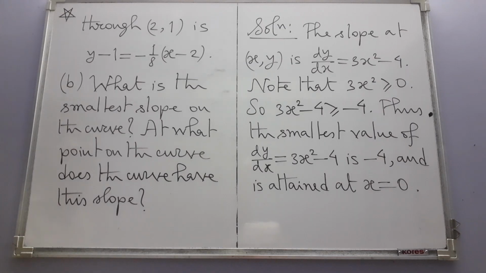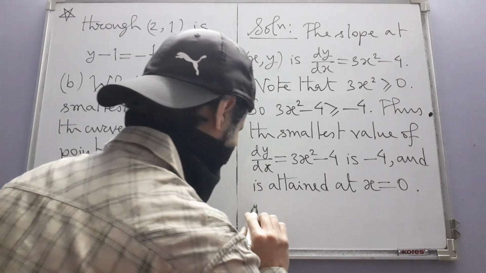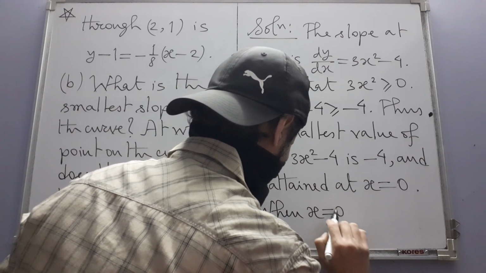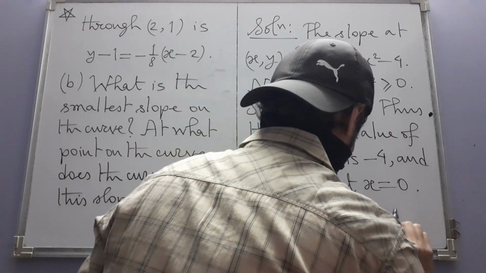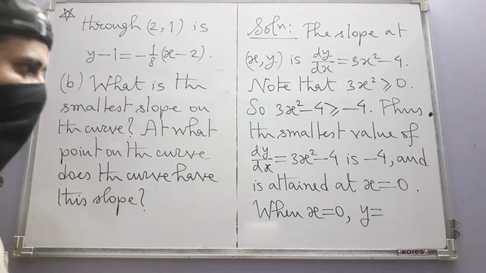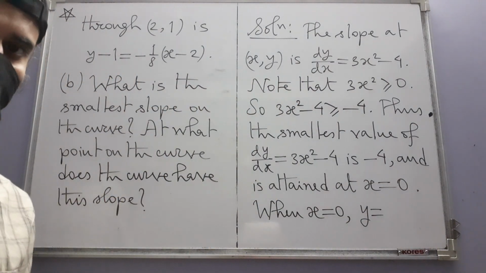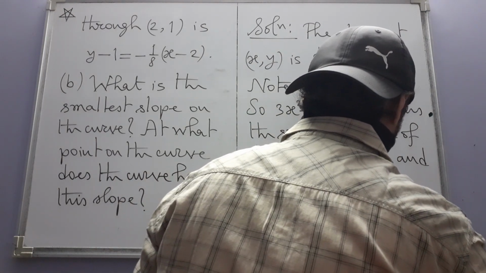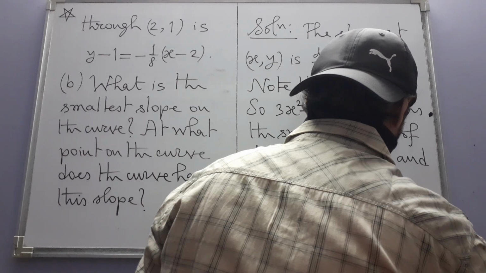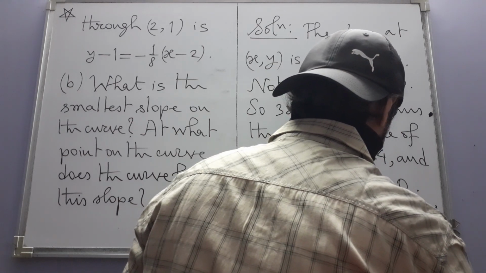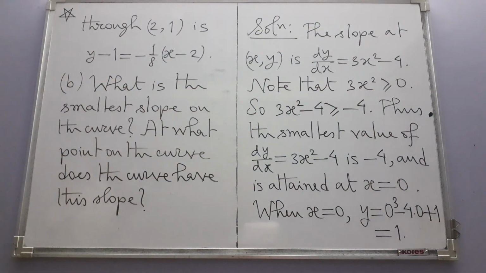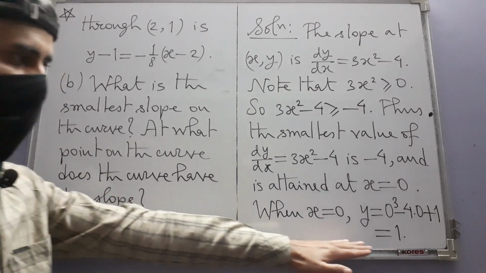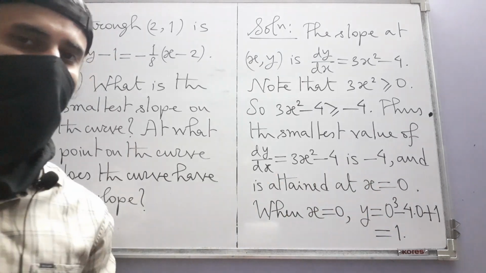And what's the y coordinate when x is equal to 0? When x is equal to 0, y equals the original curve, x cubed minus 4x plus 1. 0 cubed minus 4 times 0 plus 1. This is equal to 1. So the point at which the smallest slope is attained is (0, 1) on the curve.